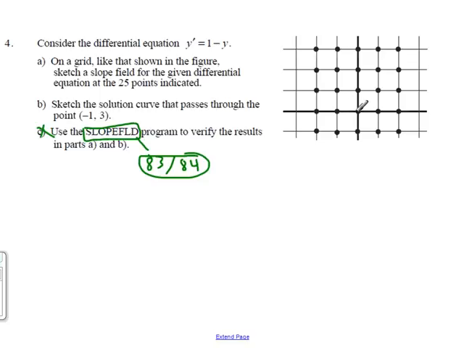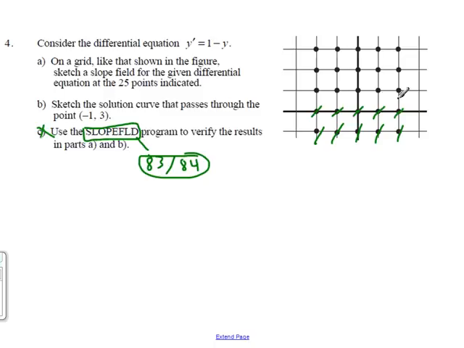So at this point, y equals 0. When y equals 0, my slope is 1 minus 0, which is 1. So for all of these points, y equals 0, so it has a slope of 1. And when y equals -1, 1 minus -1, we'd have a slope of 2. So I'm trying to get a slope of 2.